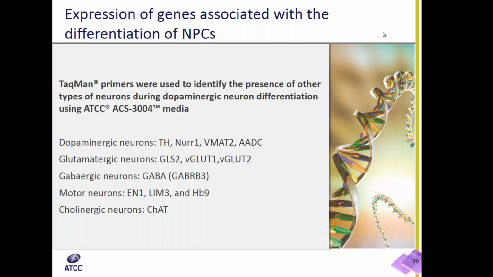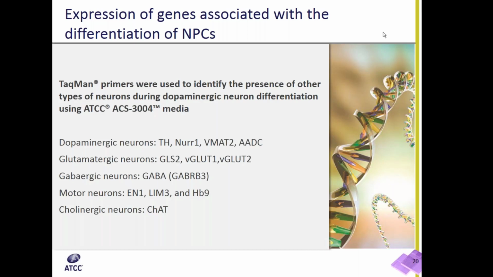To do this, we chose the Parkinson's disease neuroprogenitor cell line ACS 5001, the normal neural progenitor cell ACS 5003, and the reporter cell line ACS 5007, which has a MAP2 NanoLuc HaloTag reporter, to look at the gene expression of these various markers in neural progenitor cells after treatment with the media.